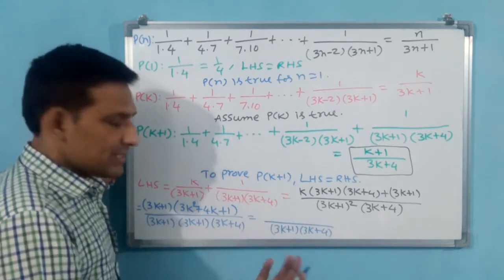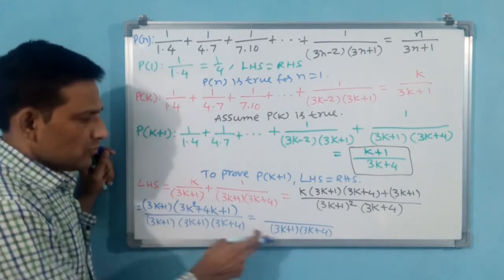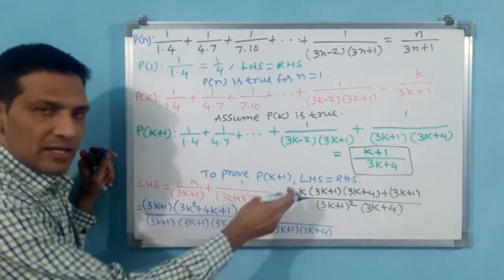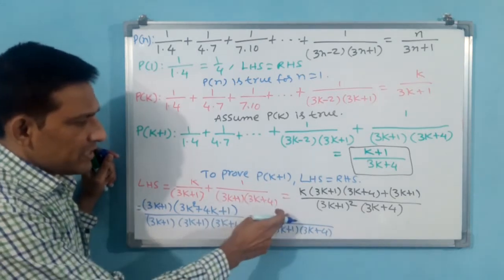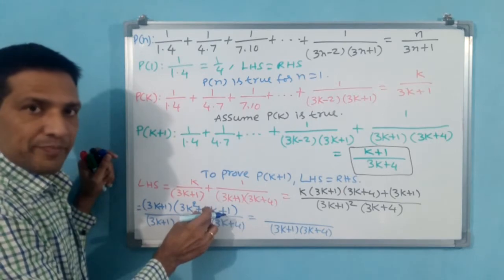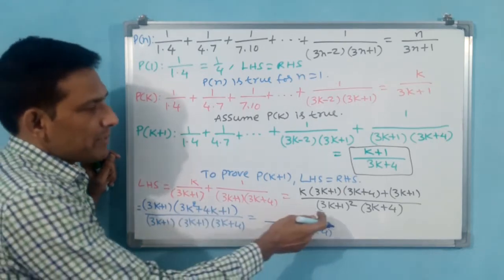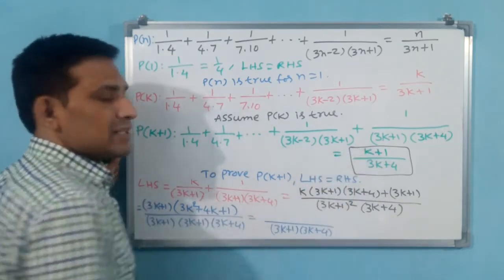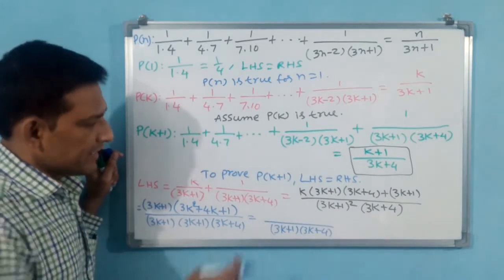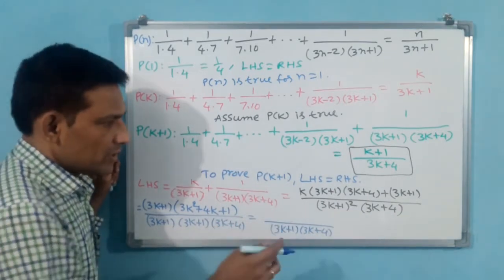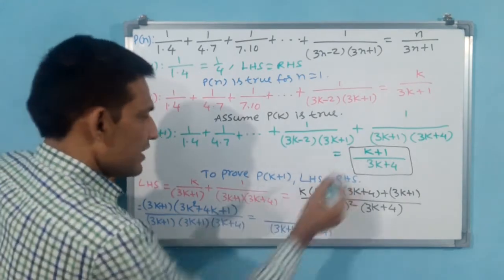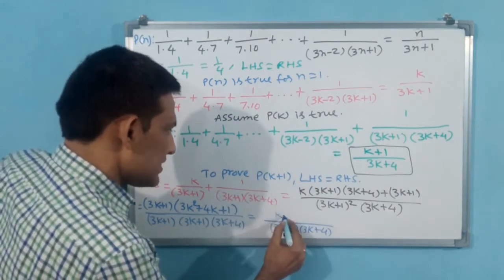How are you going to cancel? Unless the numerator has the same value, you are not able to cancel out each other. That means 3k plus 1 you have to split it. Another important point: here k plus 1 is there. That indicates that k plus 1 into 3k plus 1 if you write. You understand now? You see what I am writing here, k plus 1.